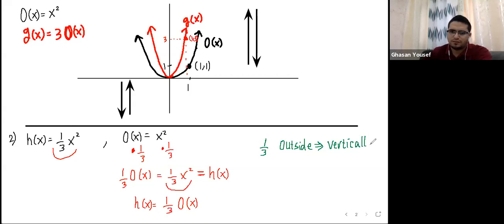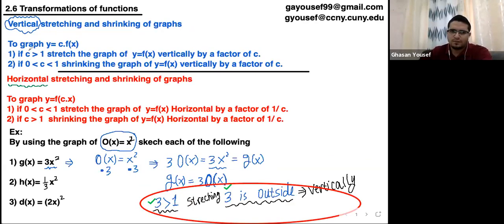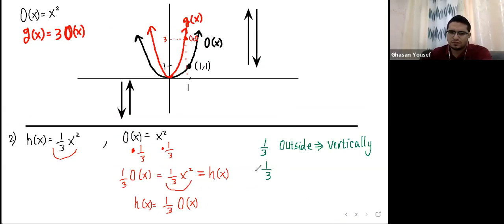Now, is 1 over 3 greater than 1 or between 0 and 1? Between, exactly. So I have vertical, and the number is between 0 and 1.